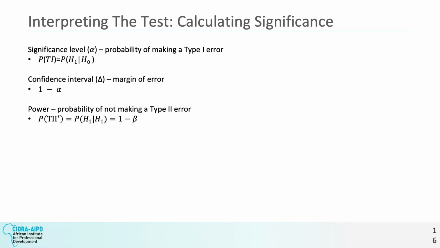Since we're looking at values distributed around the mean, we subtract alpha from 1 to calculate our confidence level. The power of the test is the probability of not making a type 2 error and thus correctly rejecting the null. In order to minimize beta, we need to account for it in our sample size calculations, which was covered in Lecture 6.